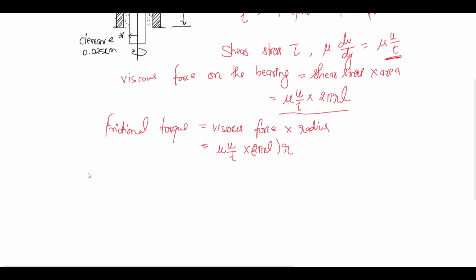Now write your given data. What is the given data? First, mu is equal to 2.5 poise, which is equal to 0.25 Newton second per meter square.